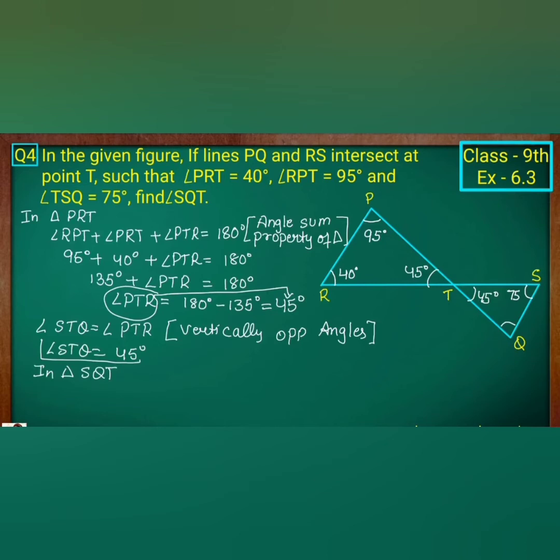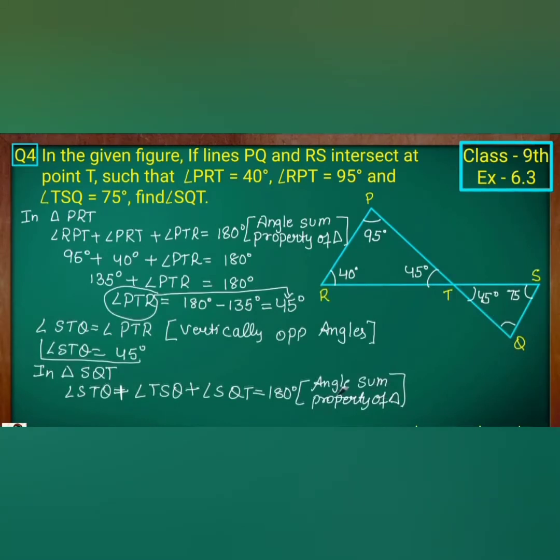So in triangle SQT, sum of three angles equal to 180 degree. So angle STQ plus angle TSQ plus angle SQT equal to 180 degree. So what's the condition? Angle sum property. Just mention the condition while writing each step.